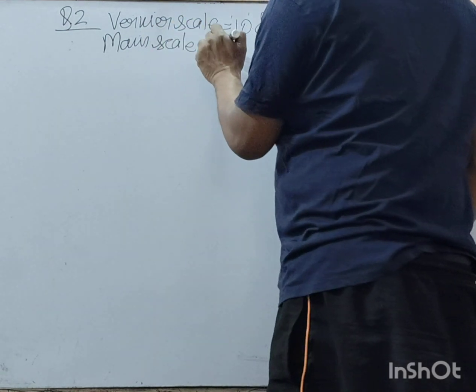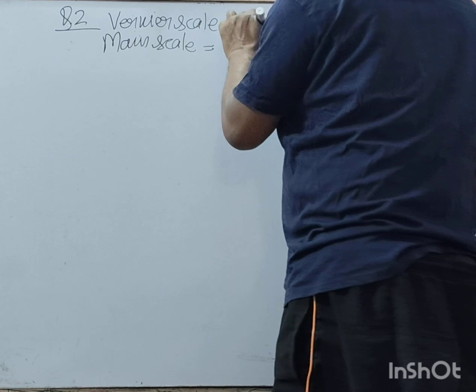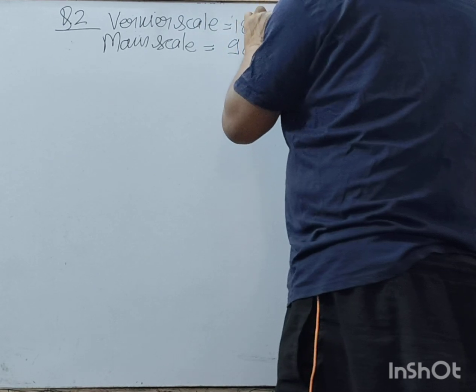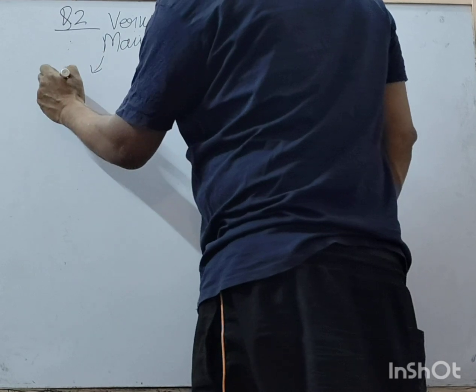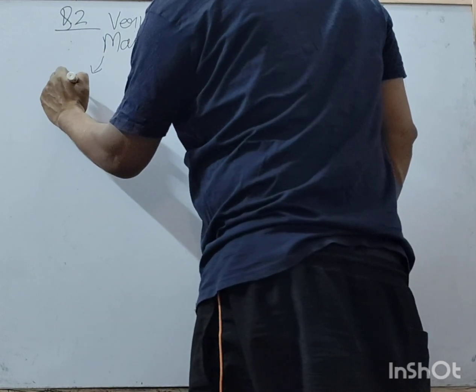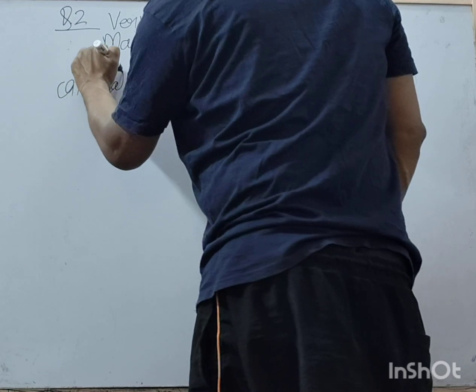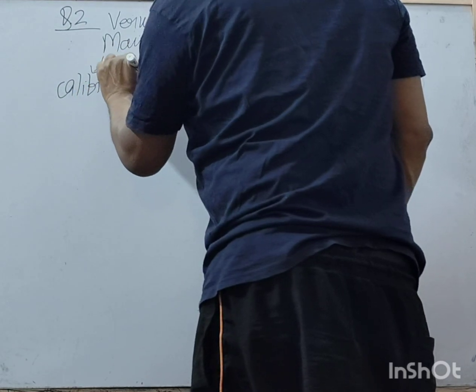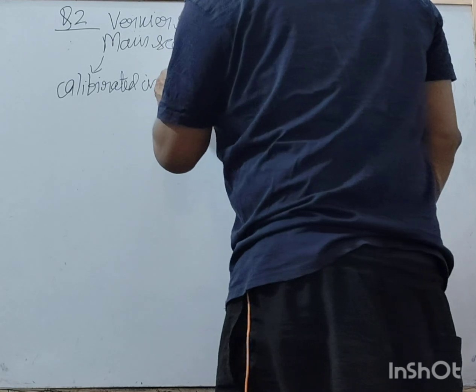If the main scale is calibrated in millimeters, what is its least count?